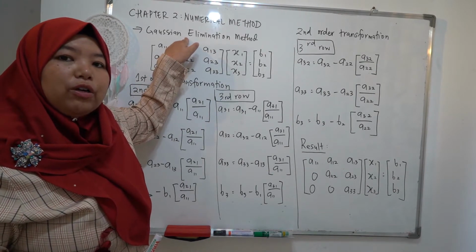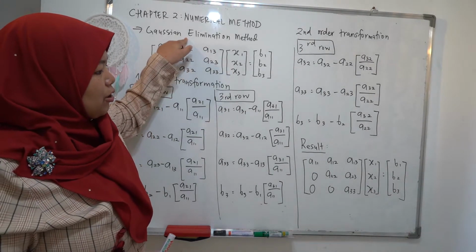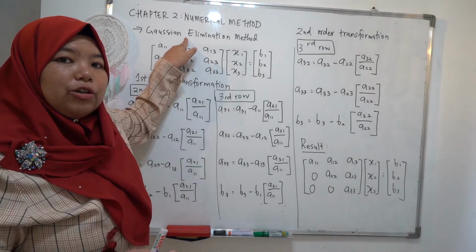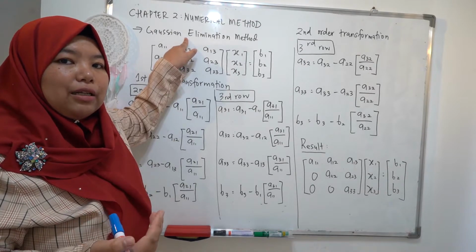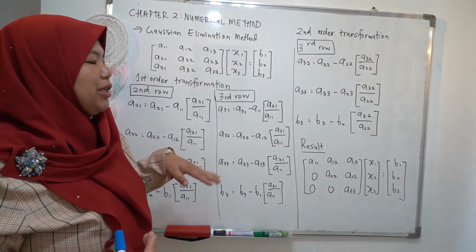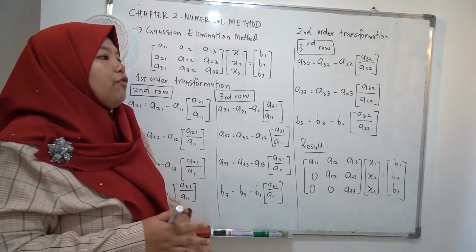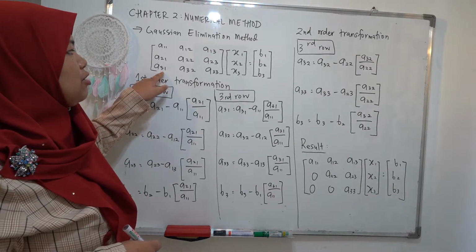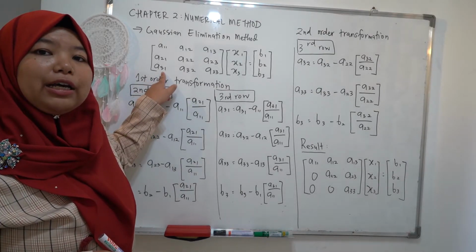Before we go to the question, I will show you the formula, so you can understand the pattern of the Gaussian elimination method. First of all, when you have a question, we will convert it into matrices.